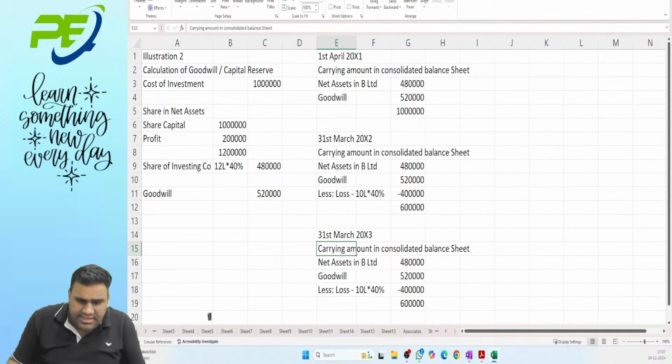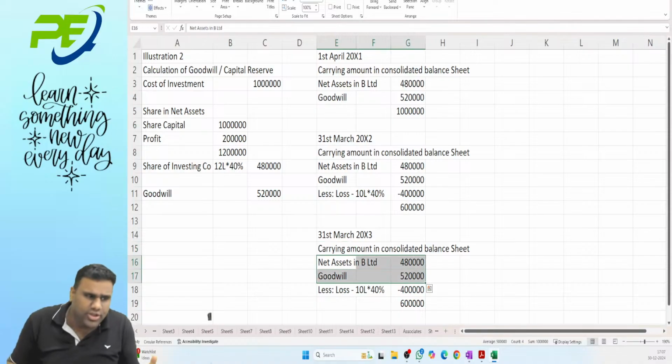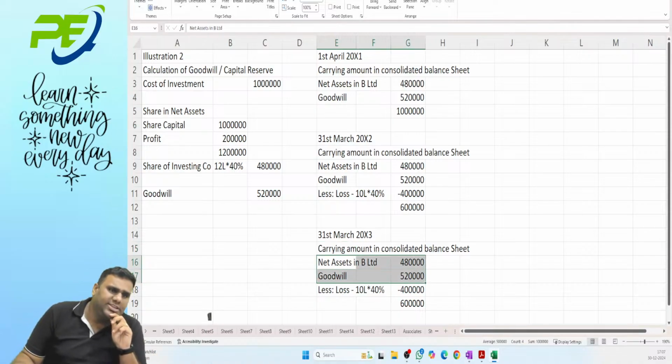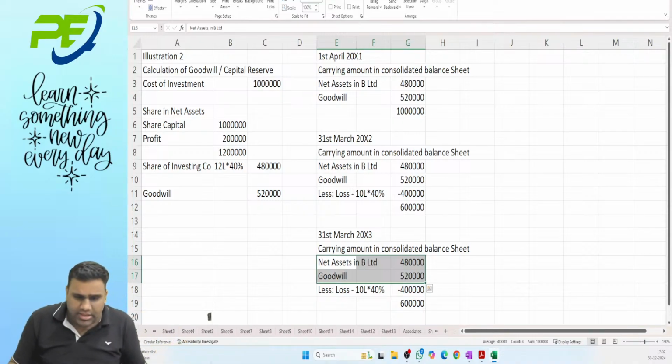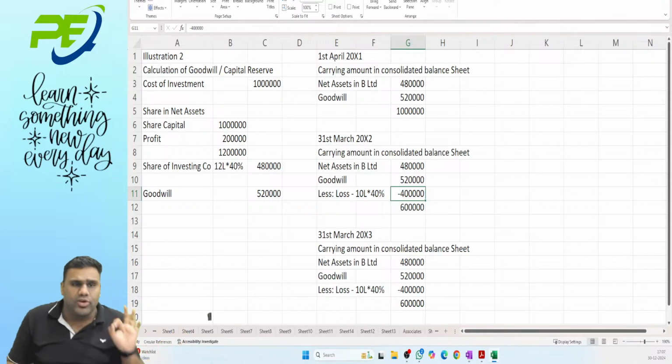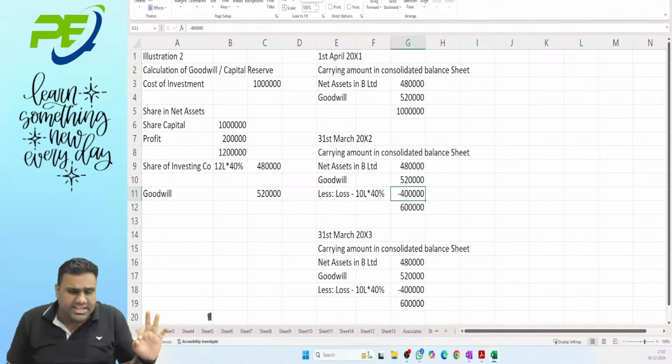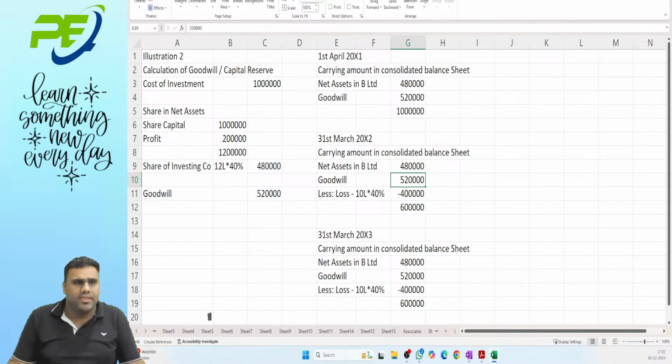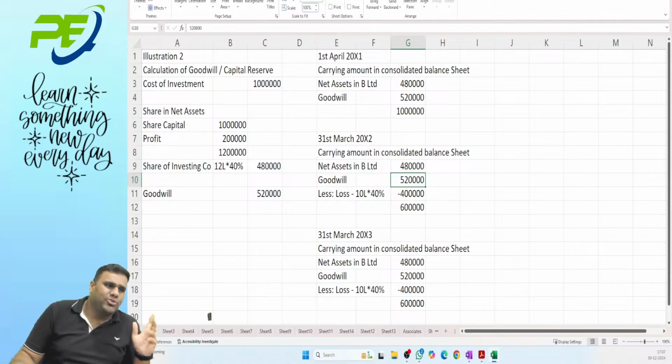Now, will these net assets change or not? The answer is no. Now this loss of 4 lakh, will I first adjust it against net assets or goodwill? Net assets, goodwill. Think a little.